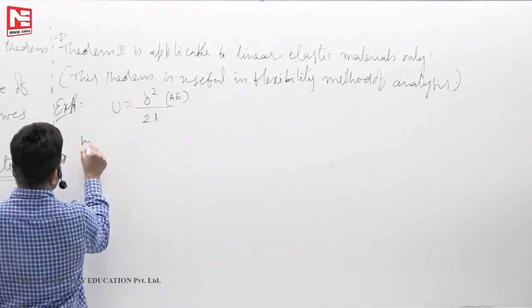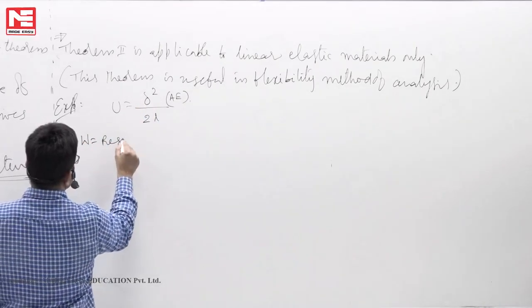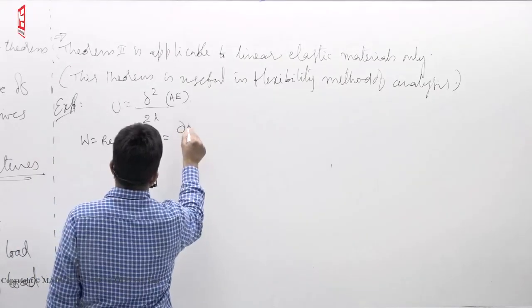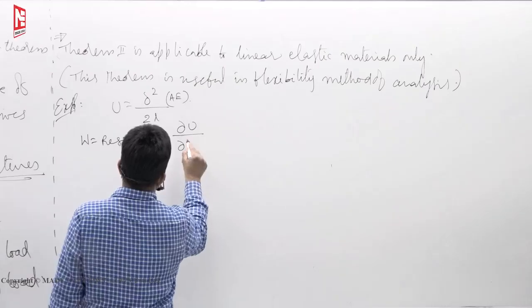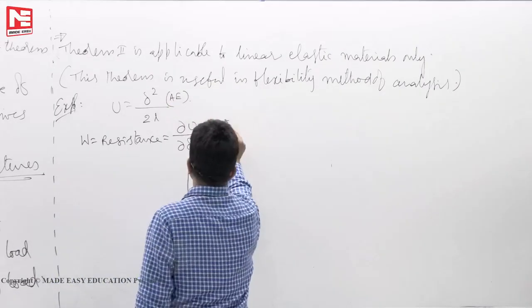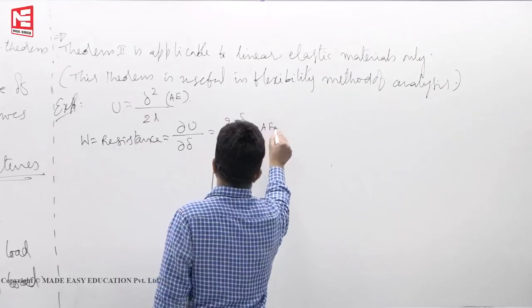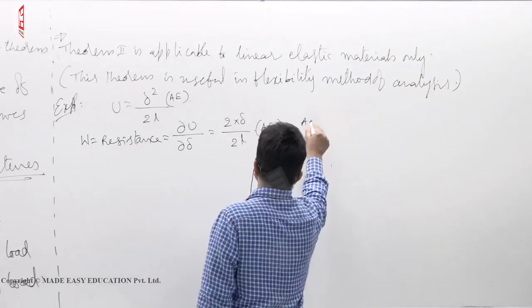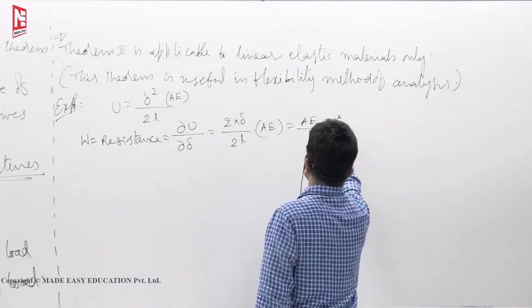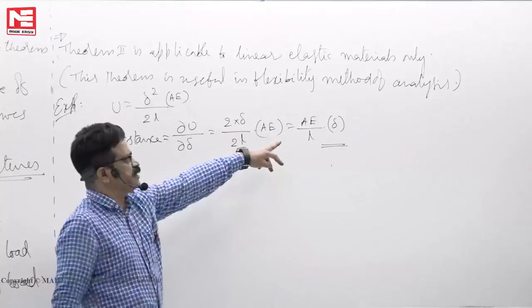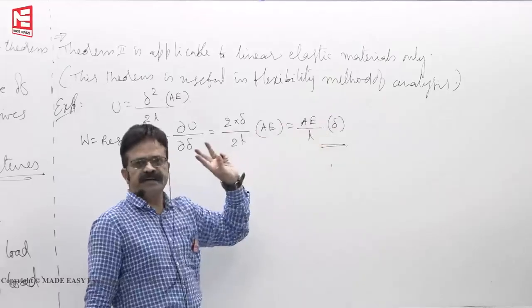Now if you want to find W, the resistance, it is equal to the first derivative of energy with respect to displacement. Delta square, what do you get? 2 delta by 2L into AE. So you will get AE by L into delta. So this is what I have told you, resistance means AE by L into delta.